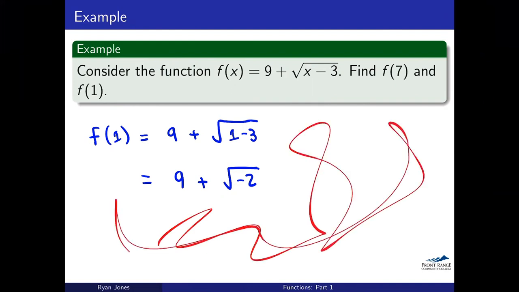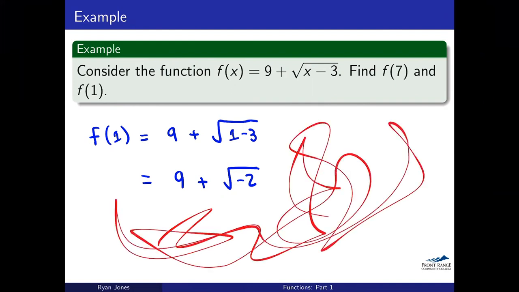We don't like this. Yikes. And really, it all boils down to that square root of negative 2. We can't take the square root of a negative number. So what do we do? Well, really, we're stuck. There's not anything that we can do at this point. Because we get that square root of a negative number, we have to really just say our answer is undefined.